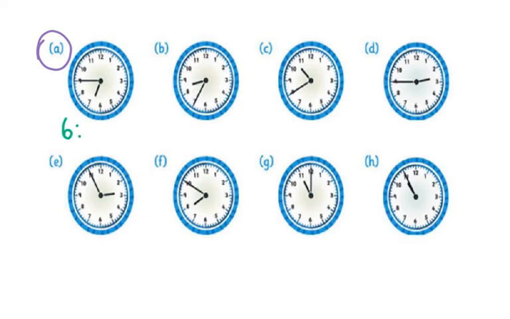Now let's look at the minutes hand, and we can see the minutes hand is on the left hand side of the clock. So remember, past and to. So we're on the to part of the clock, so on the to half. So how many minutes have passed the hour of 6 o'clock?